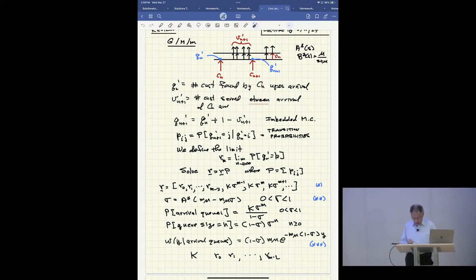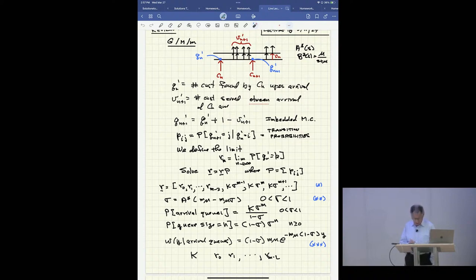But there are some unknowns at this point. We don't know the first m minus 1 r's, from 0 to m minus 2, and we don't know this constant K, to be defined later. But meanwhile, let's continue with this.